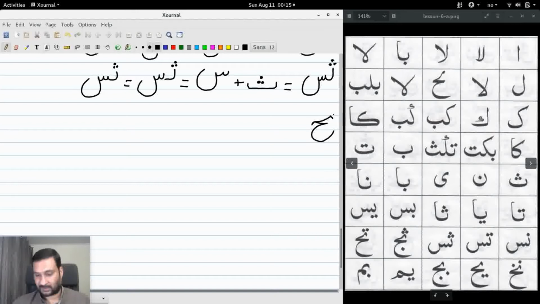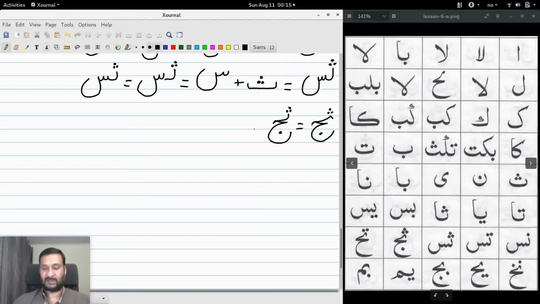So this is just the way of calligraphy, right? This is just a beautiful way of writing tha jim. This is equivalent to writing just this small little vertical line. This is enough, tha jim, right?